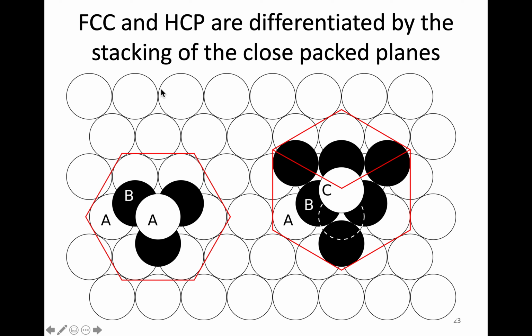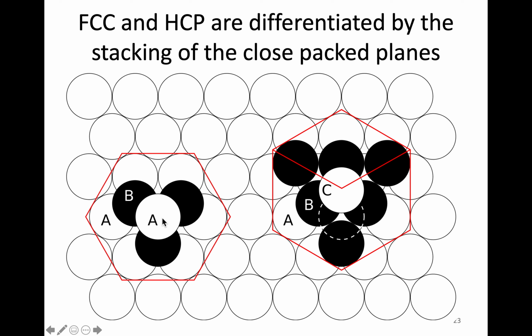So A is the sequence for a basic close packed plane, and if we then take another close packed plane and shift it, in this case we're shifting it such that one of the atoms is above one of these empty sites, these interstitials. So we shift it to that. We call that B because it's shifted.